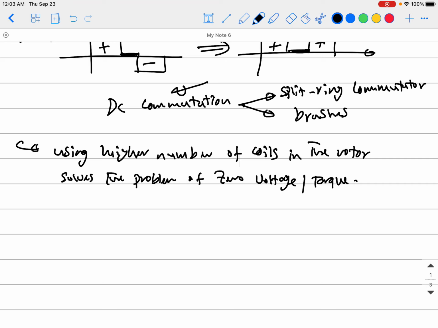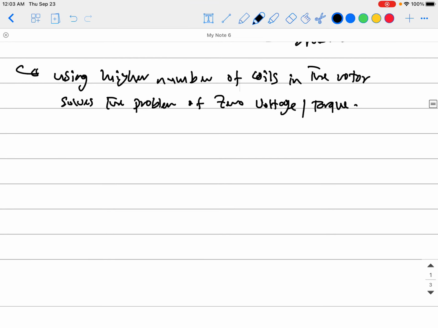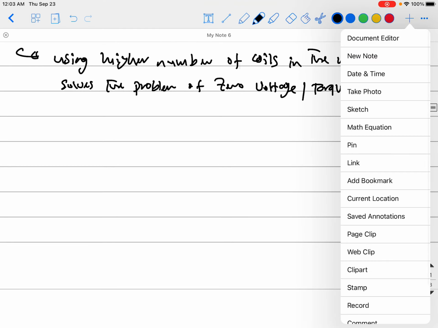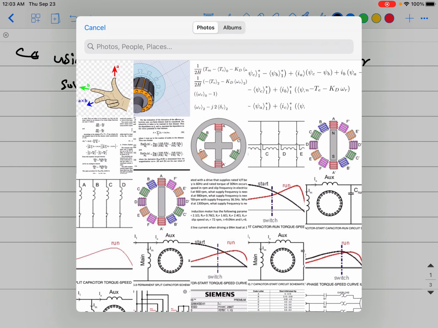So the basic idea is that we now have a complete DC machine. What this complete DC machine looks like is something like this. Let me grab you a photo, it will be more convenient.